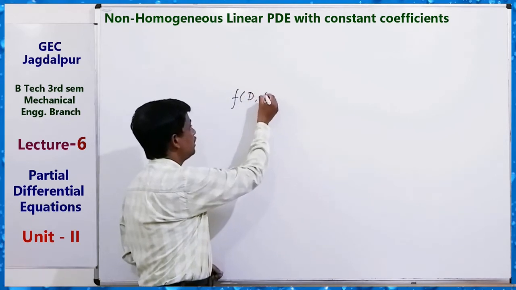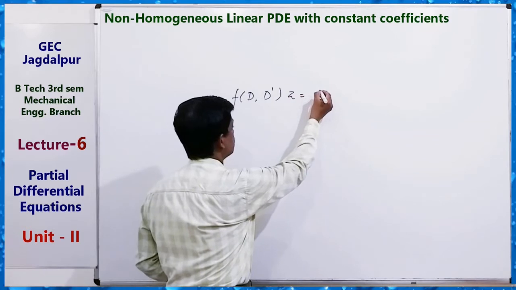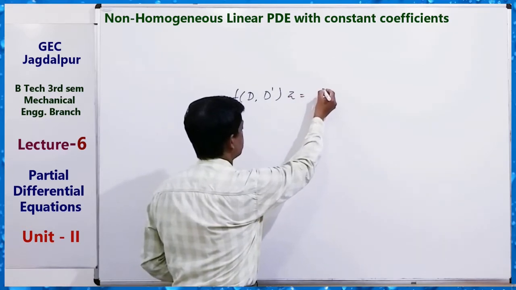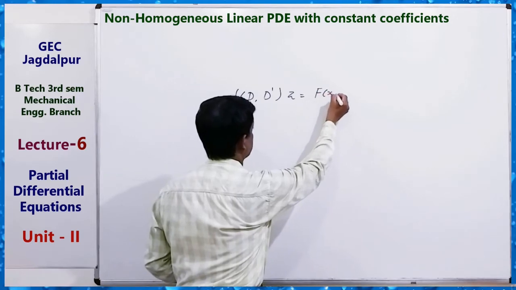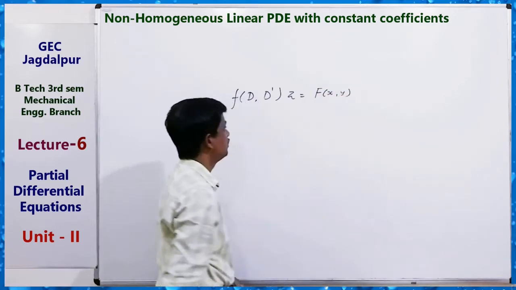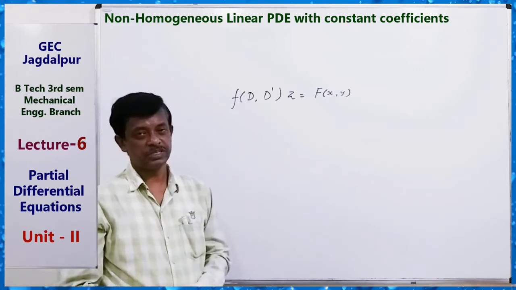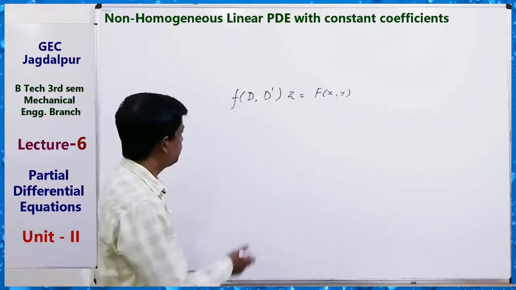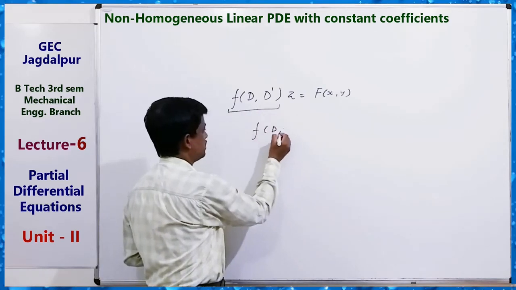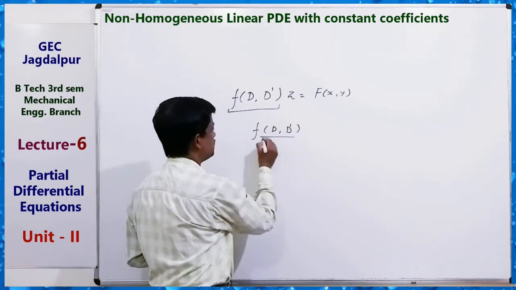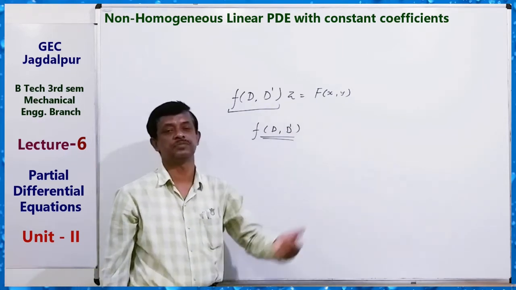So if we have our differential equation like f(D, D dash) z equals f(x, y), this is our partial differential equation. If this f(D, D dash) is homogeneous, then we say this is a homogeneous linear partial differential equation.